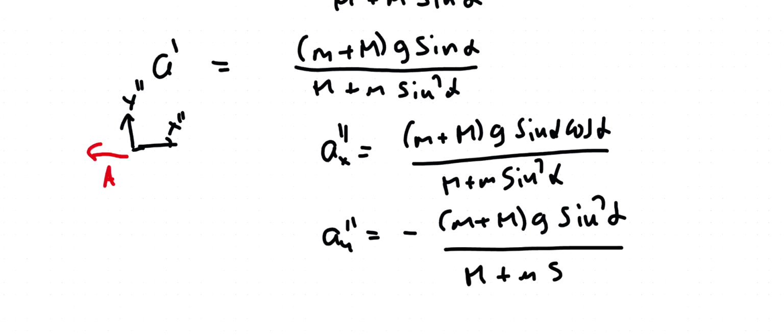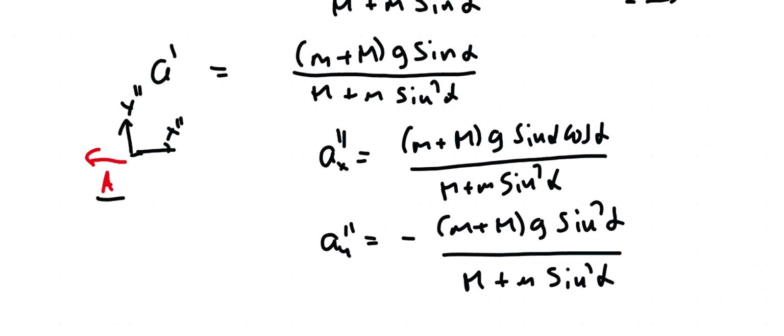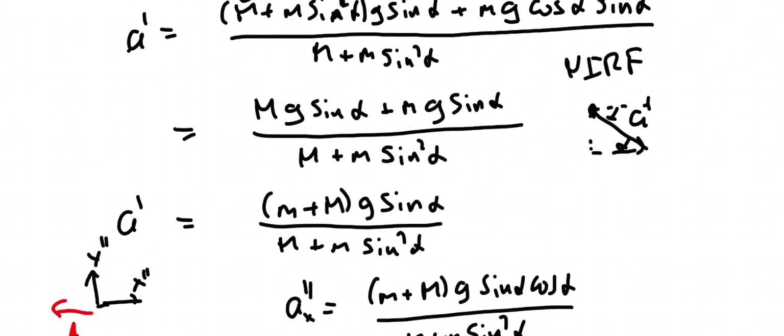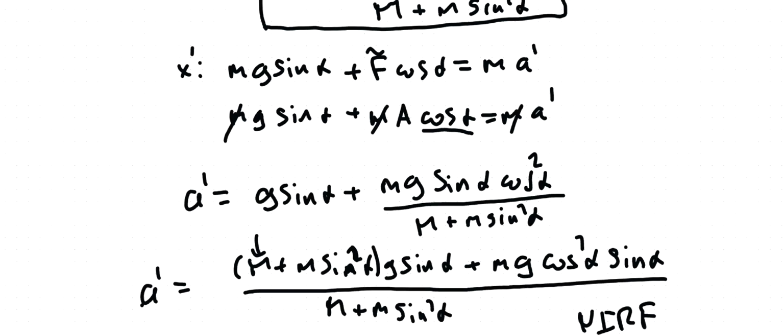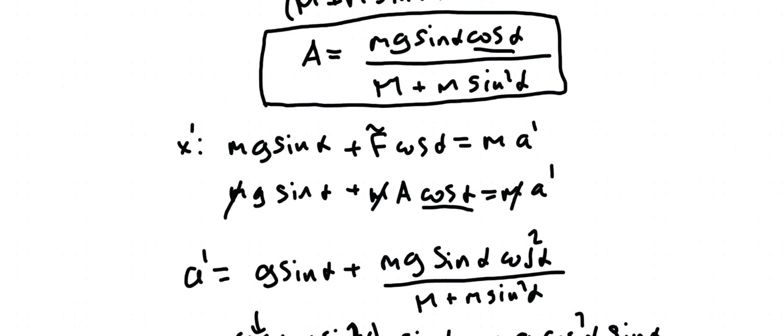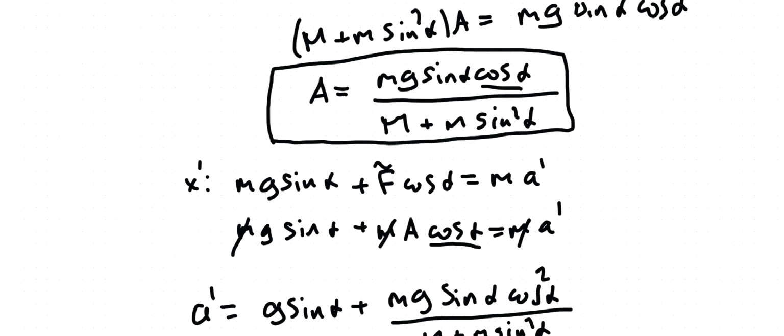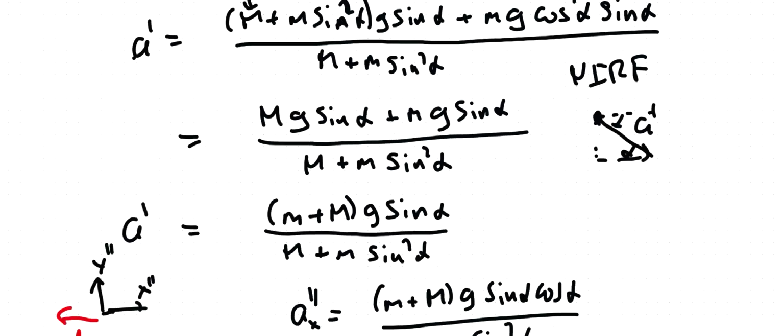And only at this point can I offset the acceleration. So from this acceleration, we have to subtract the acceleration A that we already calculated. So this A that we already calculated. Okay, and that gives us the acceleration in the inertial reference frame. So mg sine alpha cosine alpha divided by capital M plus m sine squared alpha.